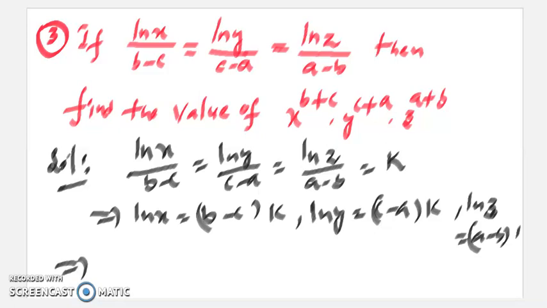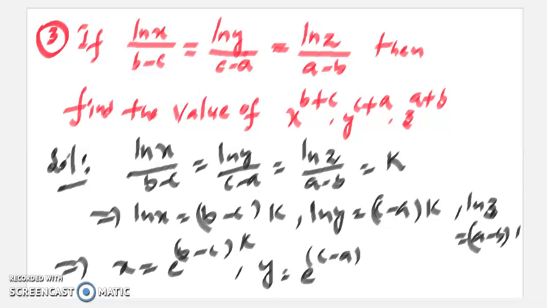So we have x is equal to e power b minus c of k. Here also y is equal to e power c minus a of k, and z is equal to e power a minus b of k.